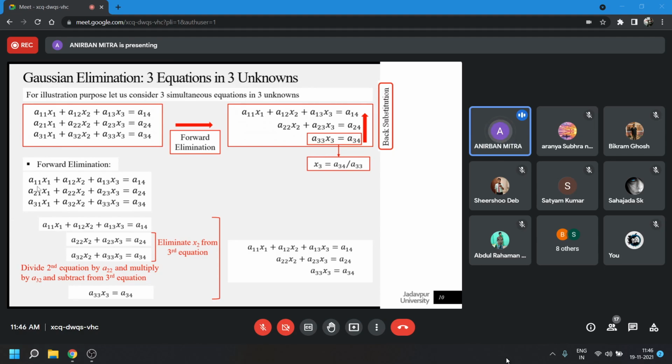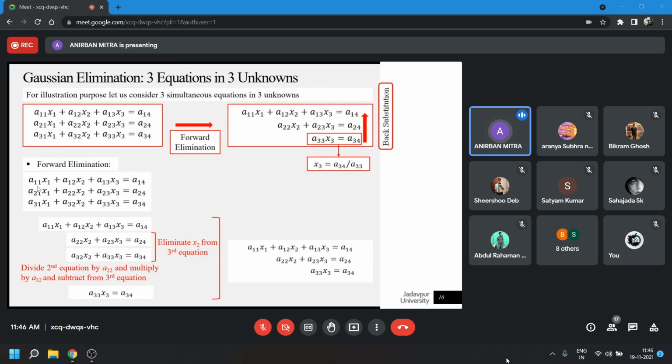How many steps in this forward elimination? 2. Because there are 3 equations, n is equal to 3. That is why there would be 2 steps in the forward elimination procedure. So if you have n number of equations in a system, then forward elimination would consist of n minus 1 steps.